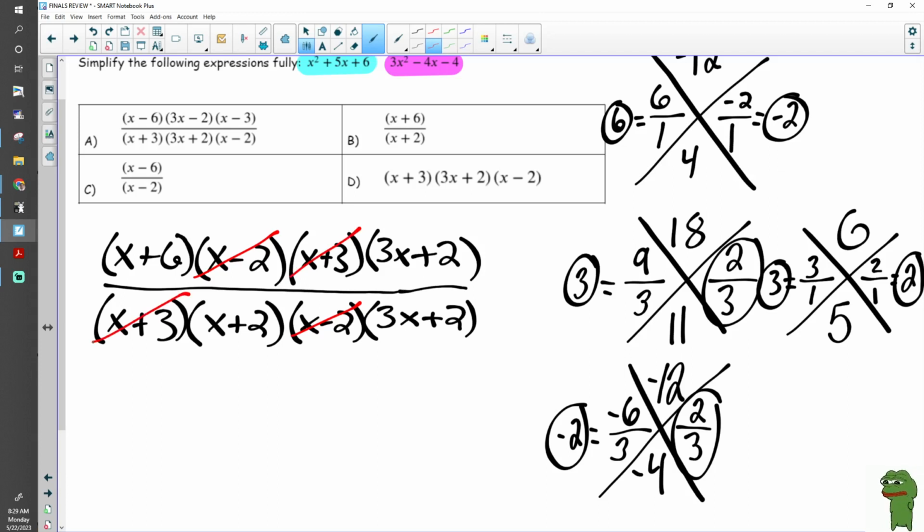And then I have 3x plus 2 and 3x plus 2. So the only two things left is x plus 6 on the top and x plus 2 on the bottom. So my answer is B.